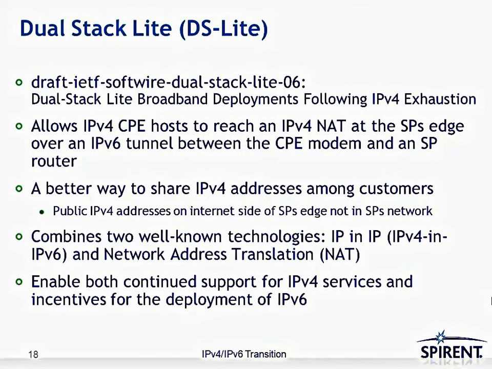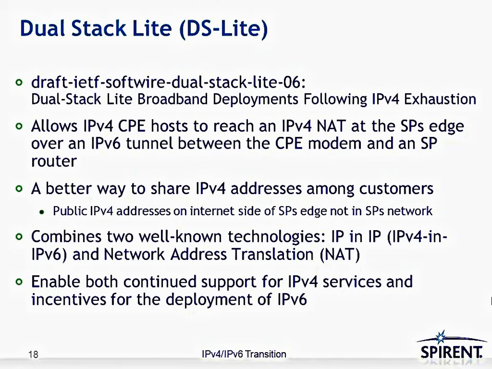So DS-Lite is defined by a draft, DS-Lite broadband deployments following IP version 4 exhaustion. It allows IP version 4 CPE hosts to reach an IP version 4 NAT at the service provider's edge over an IP version 6 tunnel between the CPE modem and an ISP router. It is a better way to share IP version 4 addresses among customers. Public IP version 4 addresses are on the internet side of the service provider's edge, not in the service provider's network.